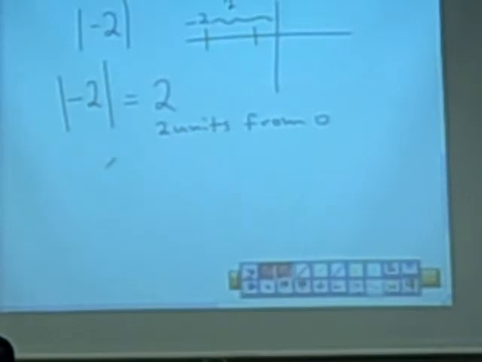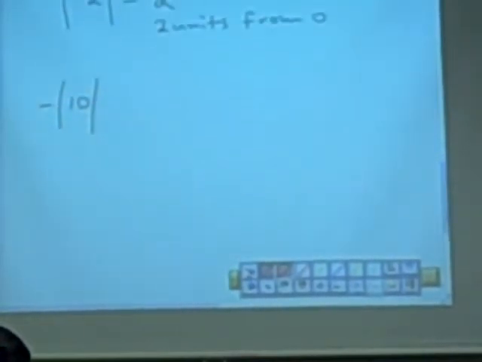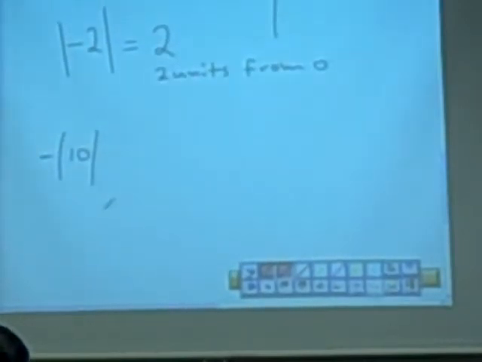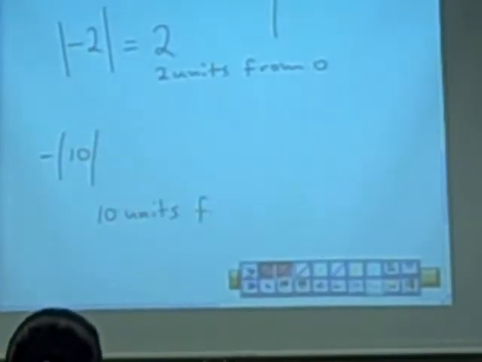Okay? So now if we have a negative, and let's say, negative absolute value of 10. Well, this is 10 units from 0, right?